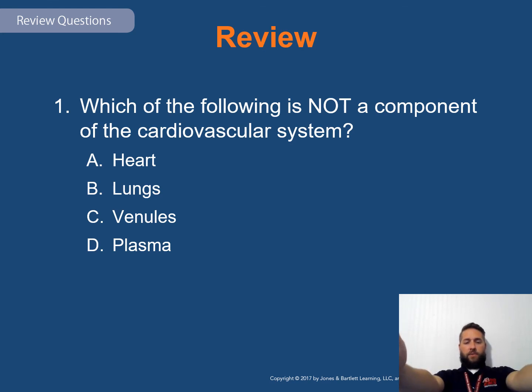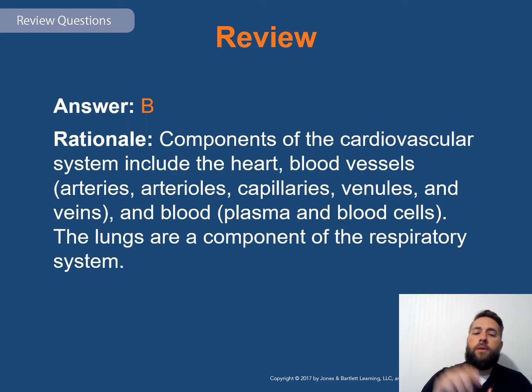Look at this, guys. See if you know what this one is. Whew. Thanks for being patient with me, guys. Give you a second or two. There you go. All right. So it includes the heart, the vessels, and the blood. Of course, respiratory. Now, if it said cardiopulmonary, then yeah, you could throw that in there, but it says cardiovascular.